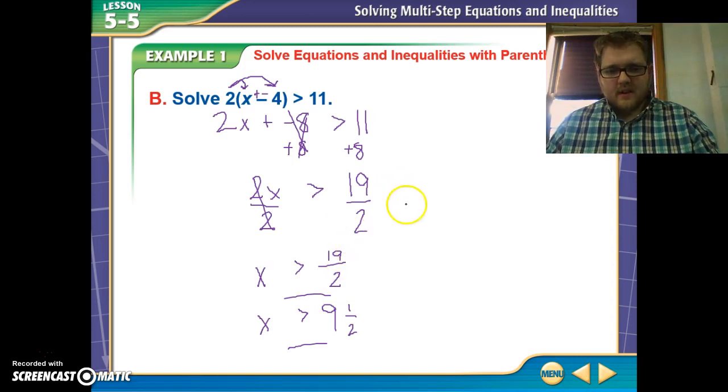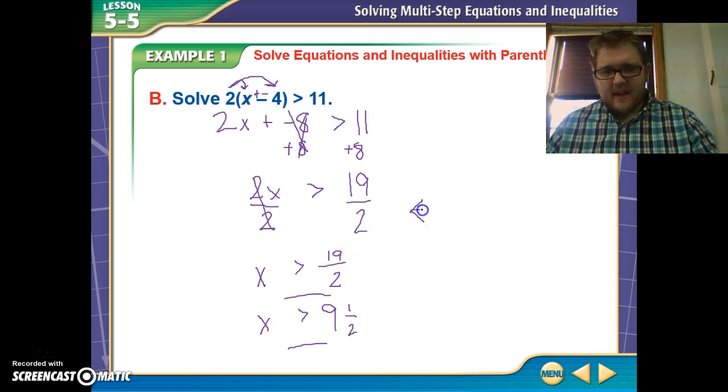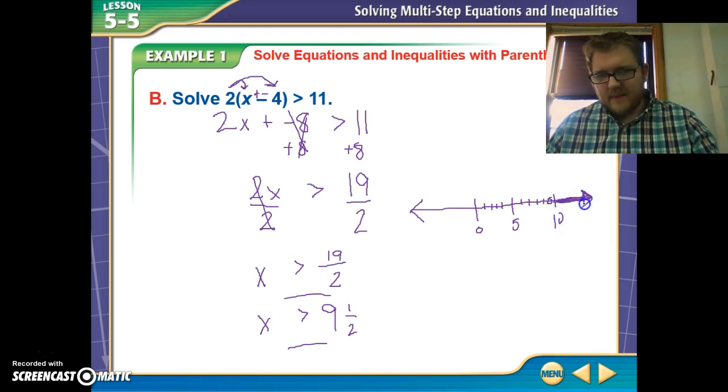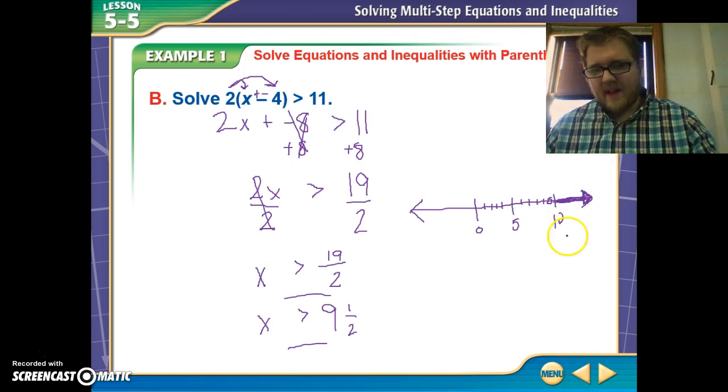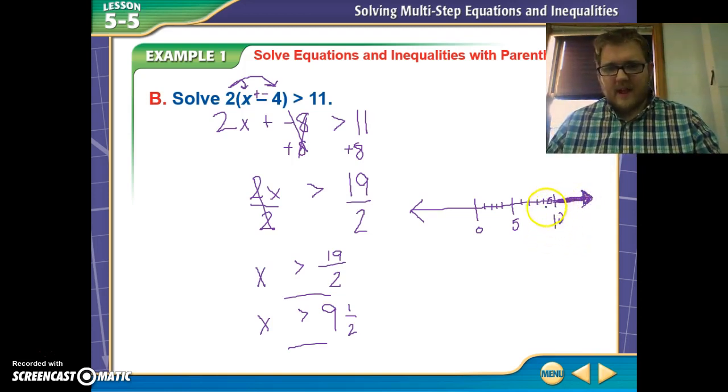So then, if we were to look at this on a number line, if you had, for instance, 0 here, 1, 2, 3, 4, 5, 6, 7, 8, 9, 10, you'd have an open circle here, and we're saying x lies above that open circle. Any number above that is fine, but not 9.5 itself.